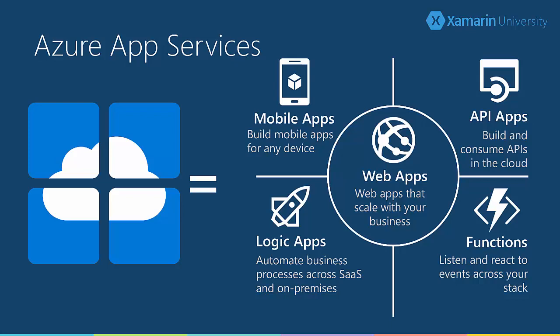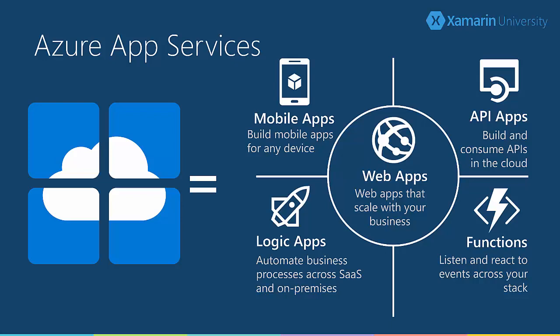We also have mobile apps for hosting mobile app backends, where we can expose data, use authentication services, and support cross-platform push notifications. API apps allow us to host cloud-based APIs in the form of web services, logic apps to automate our business processes, using a workflow sort of orchestration engine, and back-end functions that allow us to write server-side logic to manipulate our server-side databases, reacting to events that are occurring within the cloud.